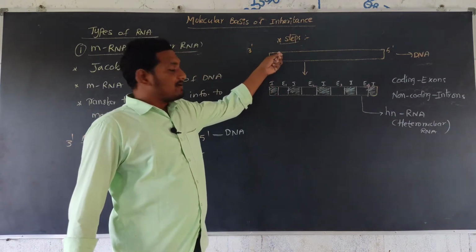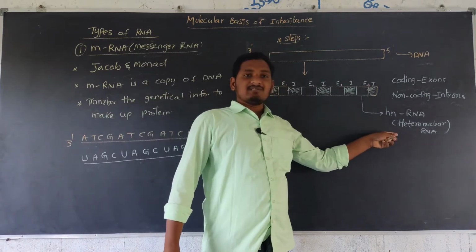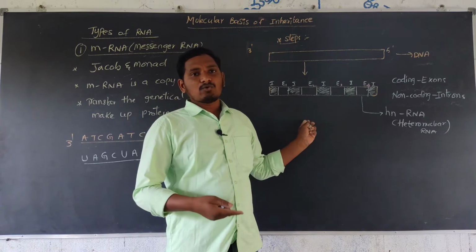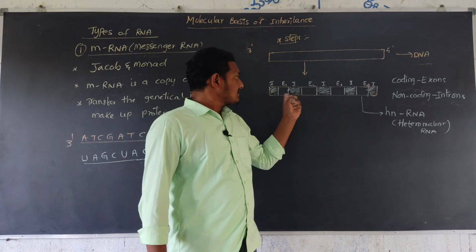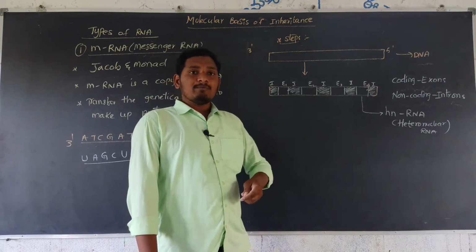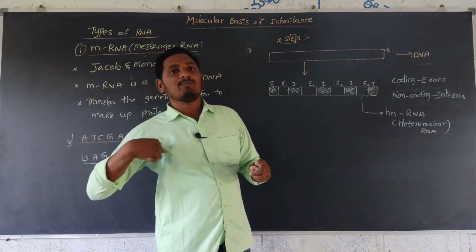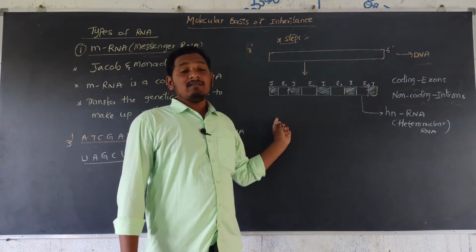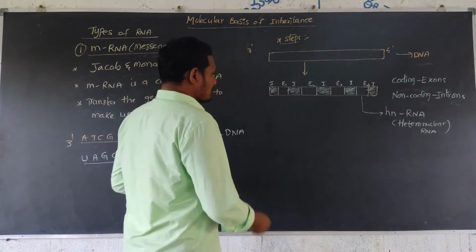So DNA is transcribed into a copy, and that copy is called hnRNA. In this hnRNA, some coding region and non-coding region are there. The non-coding region is introns, and the coding part is exons. In the coding part, genetic information is present. In the non-coding part, genetic information is not there.